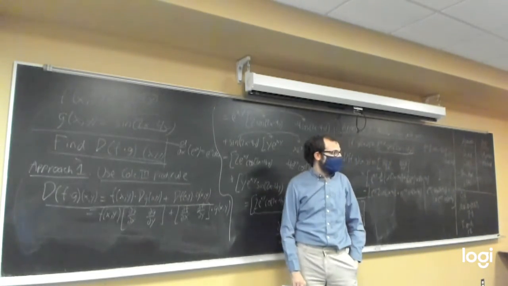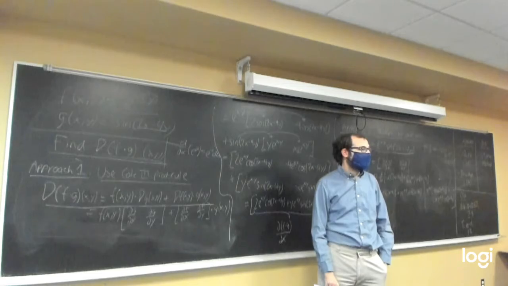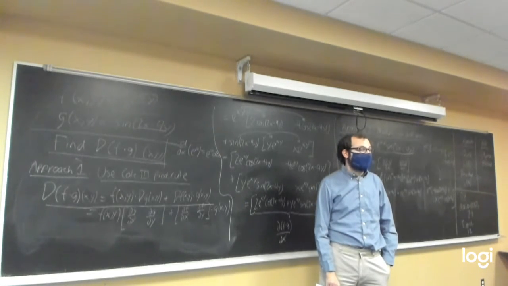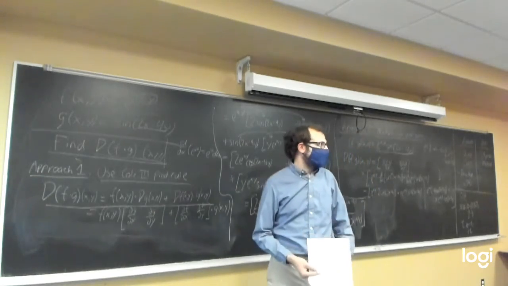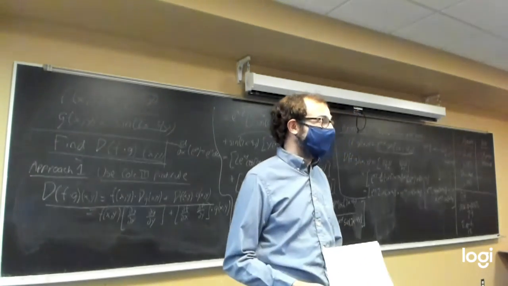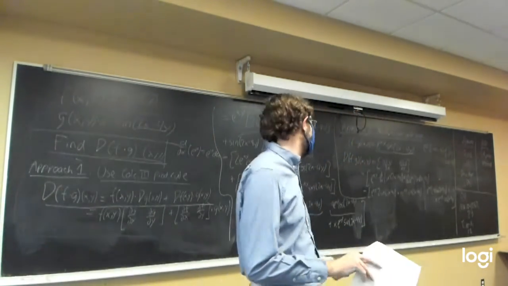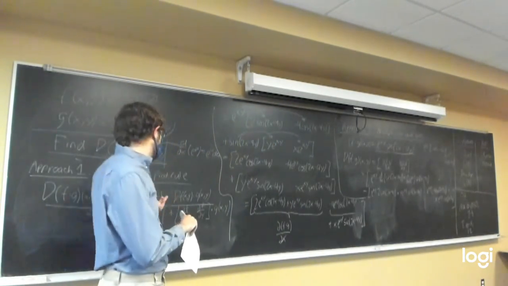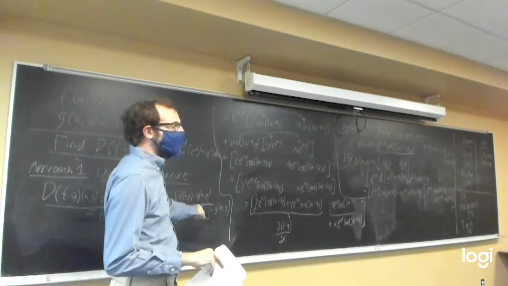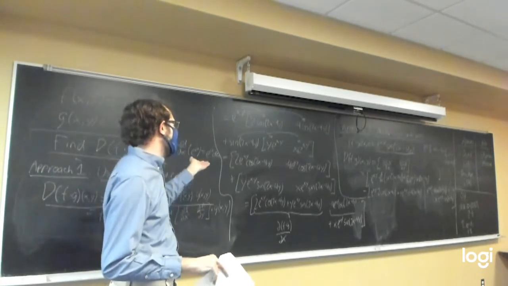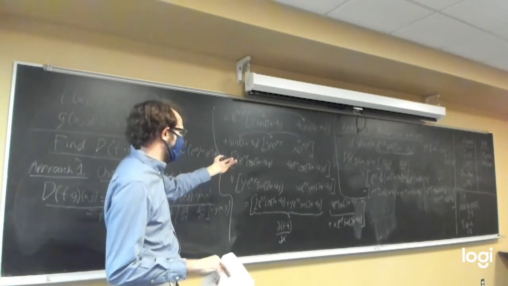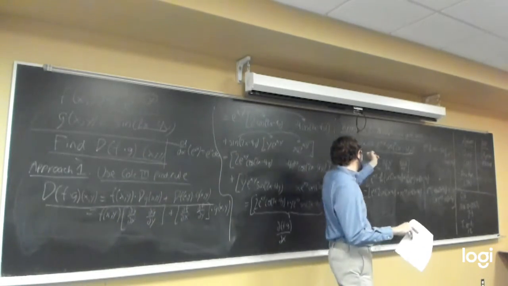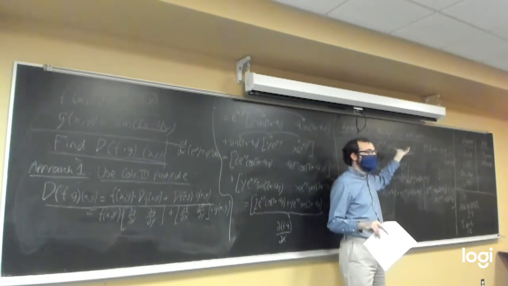Anybody else have any preferences? It's actually interesting, Dave, that you said you liked the second approach better, because my first class actually came to a consensus that they liked approach number 1 better. They thought that splitting it up into smaller pieces from the get-go made things a little easier to keep track of than having to differentiate the entire product all at once.